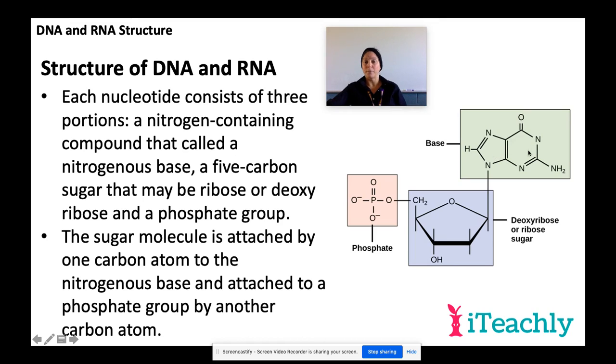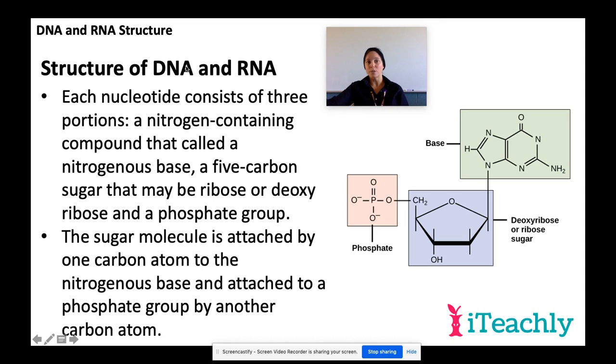Let's look at this structure a little more closely, at what these nucleotides consist of. Like I said before, notice this two-ring structure, and also the rectangle. This represents the base. There are four different bases that can be found in DNA: adenine, thymine, guanine, and cytosine. The sugar is deoxyribose.